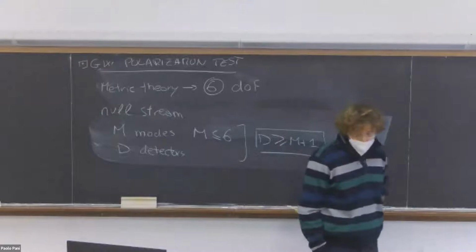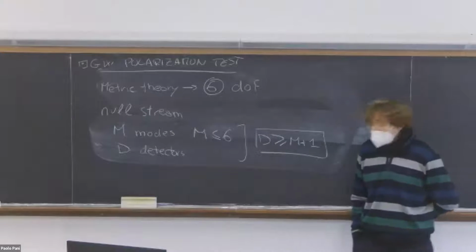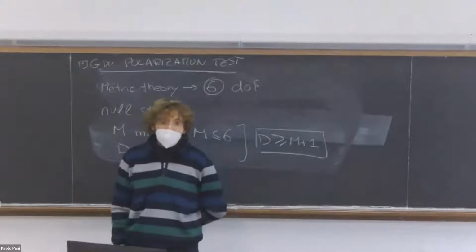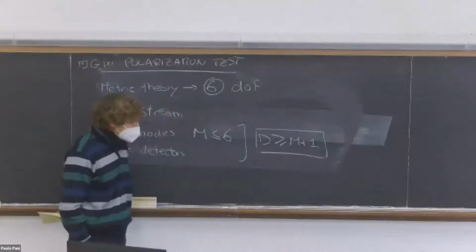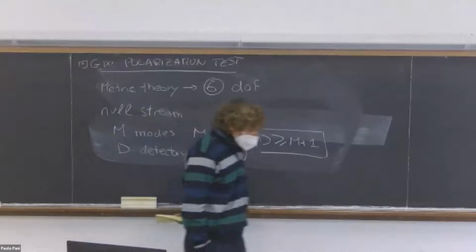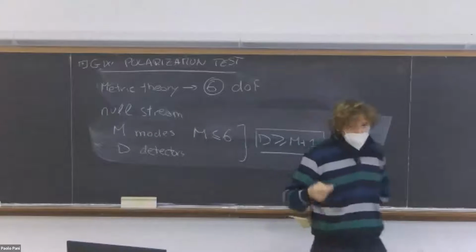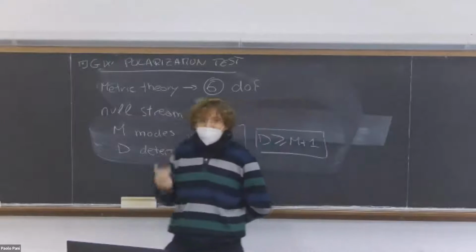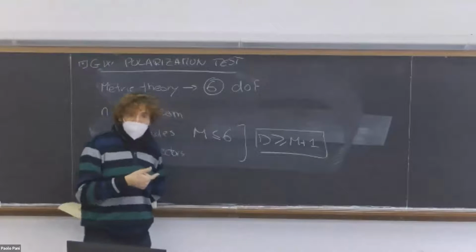In the paper I was mentioning yesterday, the one on tests of gravity with the third gravitational wave catalog, there is a very detailed analysis, actually the state-of-the-art analysis of this polarization test, doing a Bayesian inference, considering different hypotheses on the number and the nature of modes of the polarization.